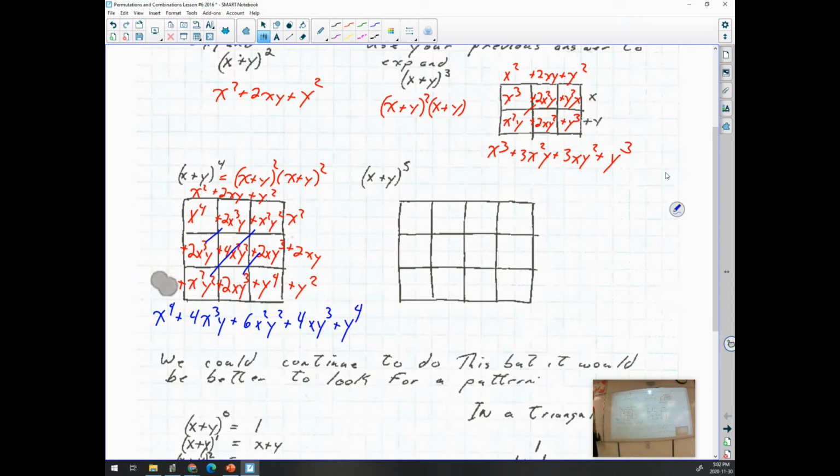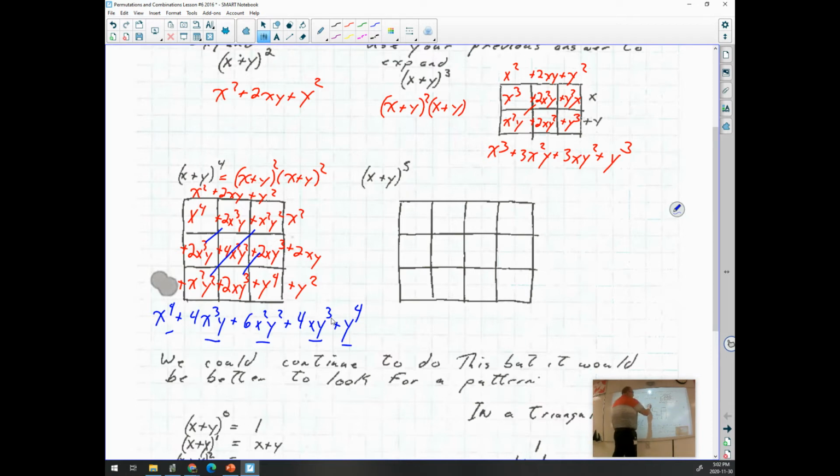Now you should start to see a pattern, particularly with the exponents. You notice what the exponents all add up to, in this case, is the power of 4. So every one of those terms has exponents adding to 4.